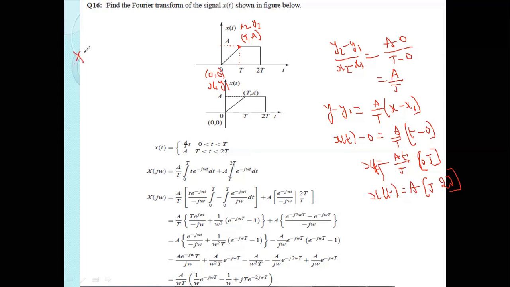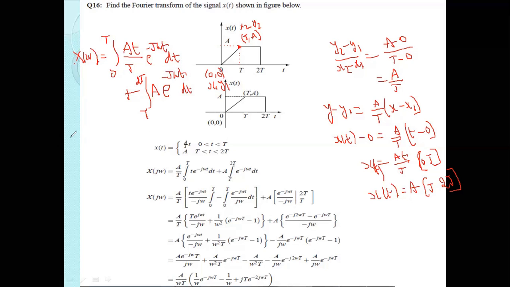So X of omega is equal to, in the first integral, 0 to T, what is the x of t here? A t by T. A small t by the capital T e power minus j omega t dt, plus another range, T to 2T, its magnitude is A, so x of t e power minus j omega t dt.